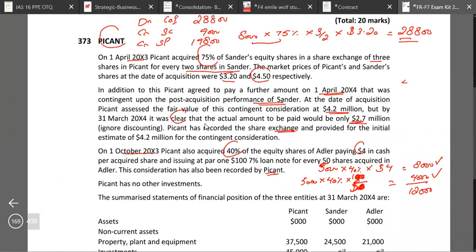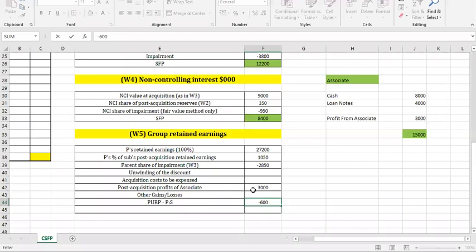We were supposed to pay 4,200 at the start in terms of contingent consideration, then it became 2,700. So the liability was actually dropped. So 4,200 minus 2,700 gives you 1,500. So 1,500 is actually the gain, because the reduction in the liability is the gain. So it will be 1,500 over here.